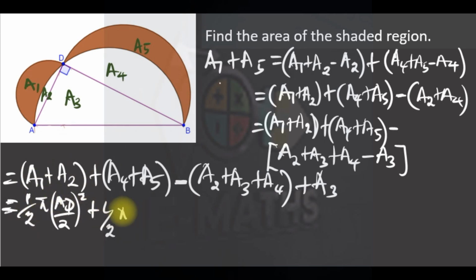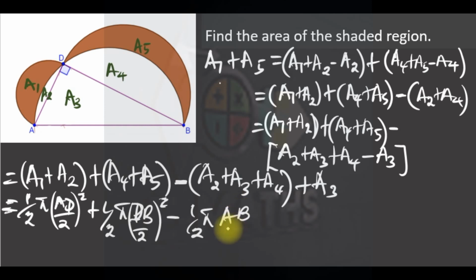This is also half pi, the diameter is DB, so DB over 2 all squared, minus the semicircle here. This is half pi AB over 2 squared, plus the area of this, which is half base times height, which is half AD times DB.